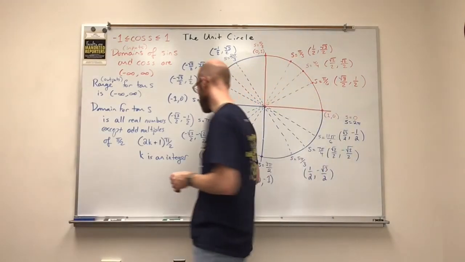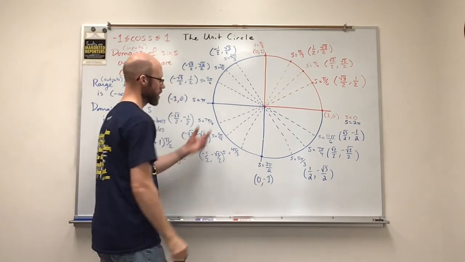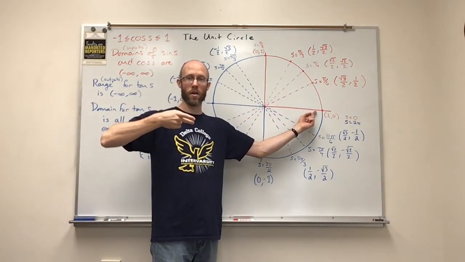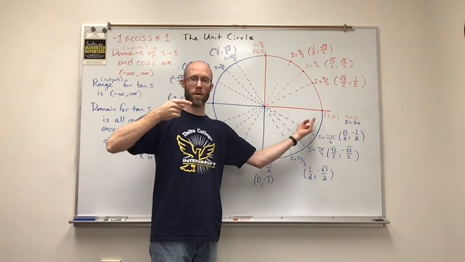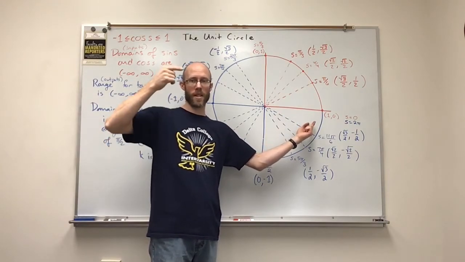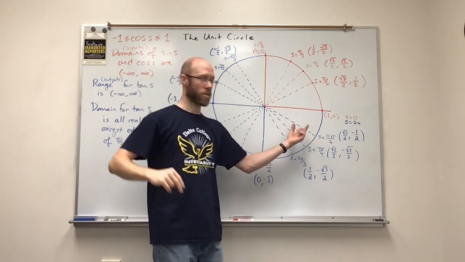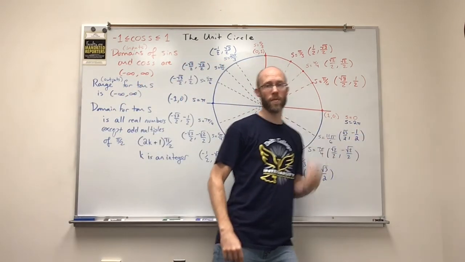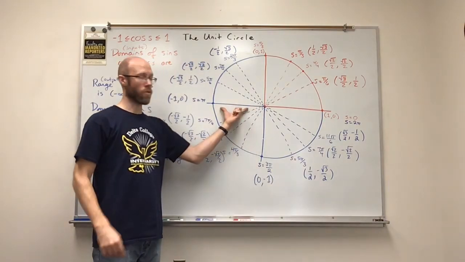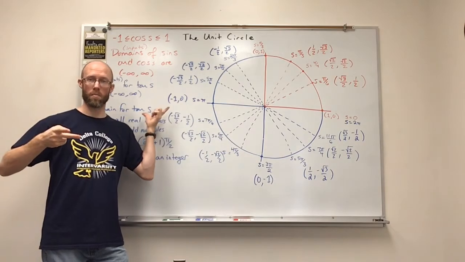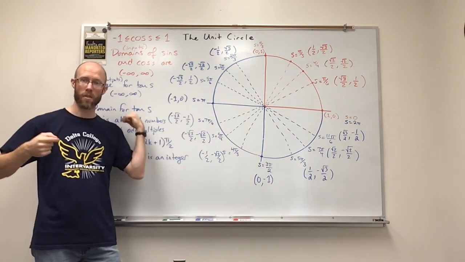So if you think about it for a moment, if you were to take a number between 0 and 1 and do its reciprocal, right, a number between 0 and 1 has a bigger number on the bottom than on the top of a fraction. If you flip it, the bigger number goes on the top, and so what you get is a number that's bigger than 1. And if you take a number between 0 and negative 1 and flip it, you get a number out here less than negative 1.